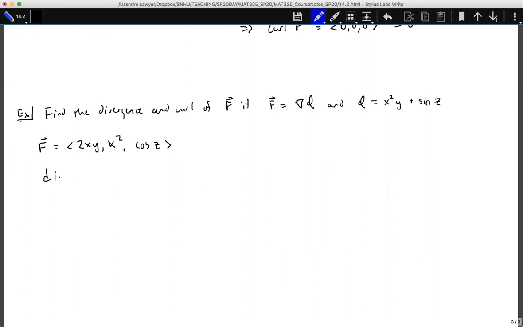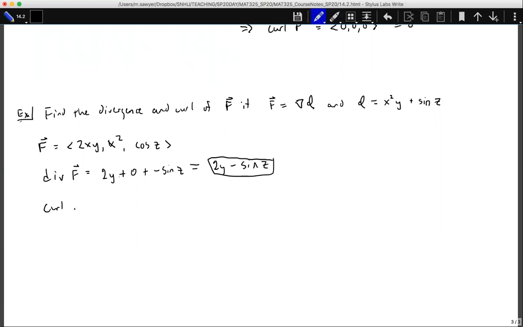So our divergence of F becomes 2y plus 0, and the partial with respect to z, so minus sine of z, equals 2y minus sine of z. So our divergence is easy to calculate.